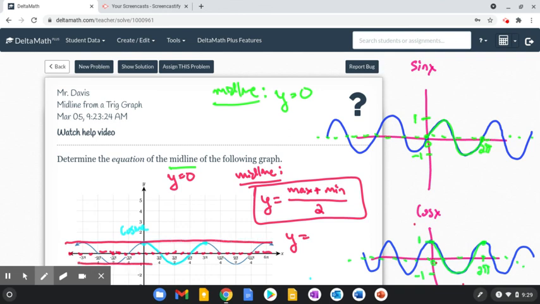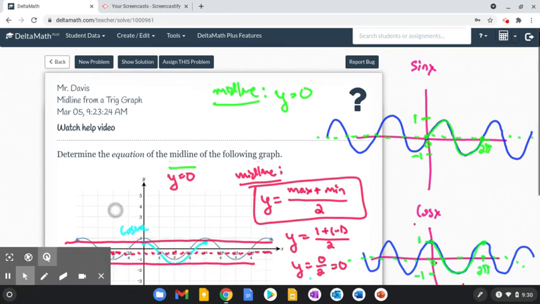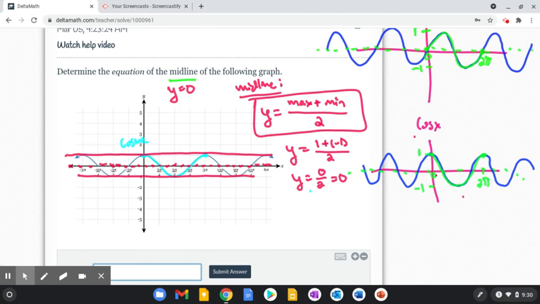My minimum is down there at -1. So 1 plus -1 over 2. Well, 1 plus -1 is 0. So 0 over 2, which is 0. So either way, not too challenging to find the midline of these functions. Let's go and type that in and look at another one.